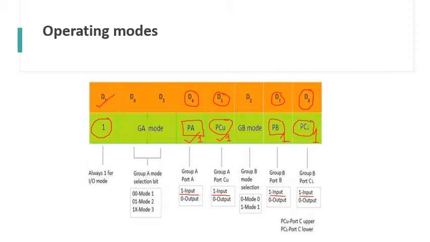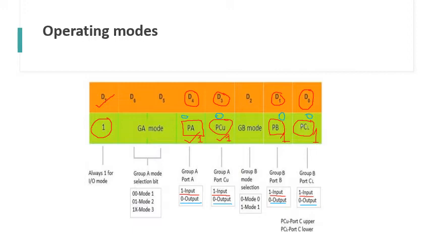When it is reset, that is, if we write a 0 to the bits D4, D3, D1 and D0, it makes port A, port B, port C lower and port C upper output ports.